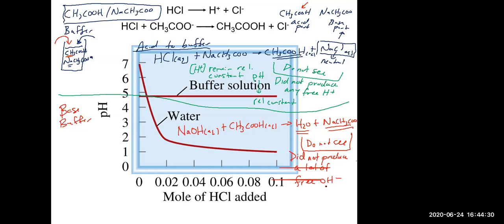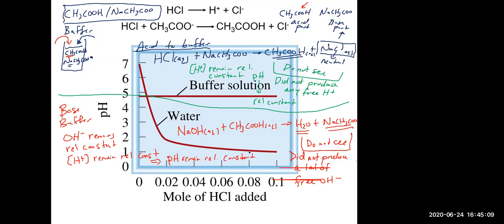And why that's important is OH minus and H plus are related to each other, like we were talking about earlier. So if our OH minus remains relatively constant, that also means that the concentration of H plus will remain relatively constant. And by default, that will also mean that the pH will remain relatively constant.